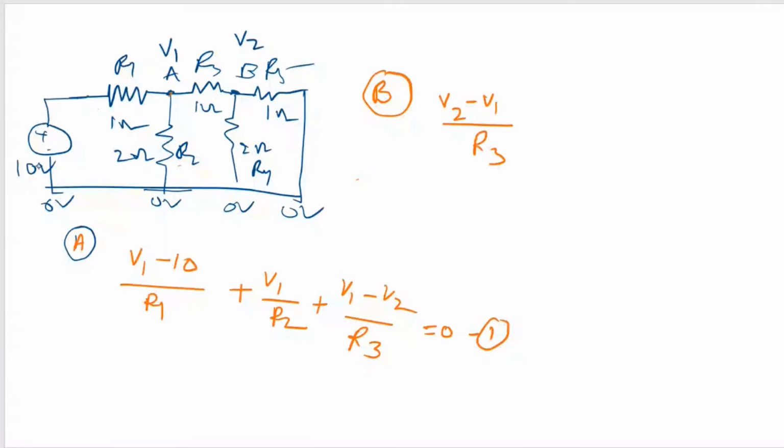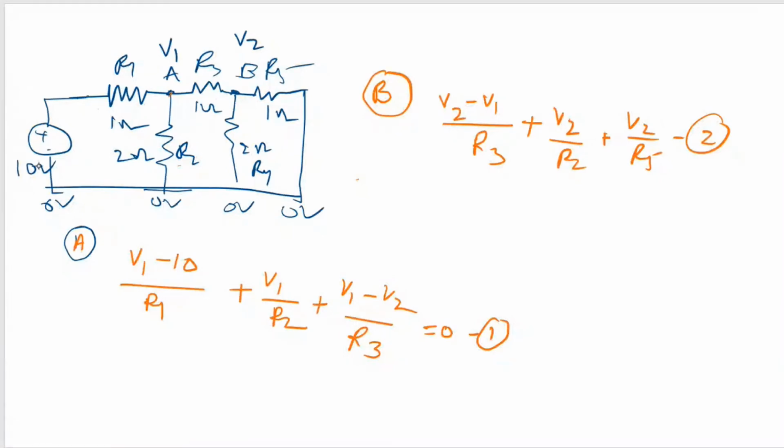So how many equations are there? There are 2 equations, because I have identified 2 nodes. For each node I have to write one equation. So V1 minus 10 by R1 plus V1 by R2 plus V1 minus V2 by R3 is equal to 0. This is the first equation. And V2 minus V1 by R3 plus V2 by R4 and V2 by R5 is the second.